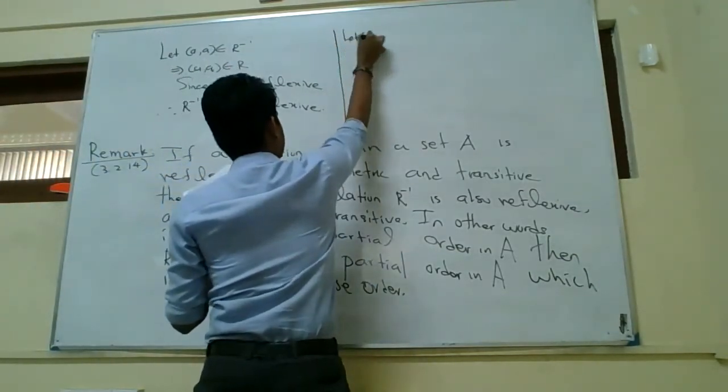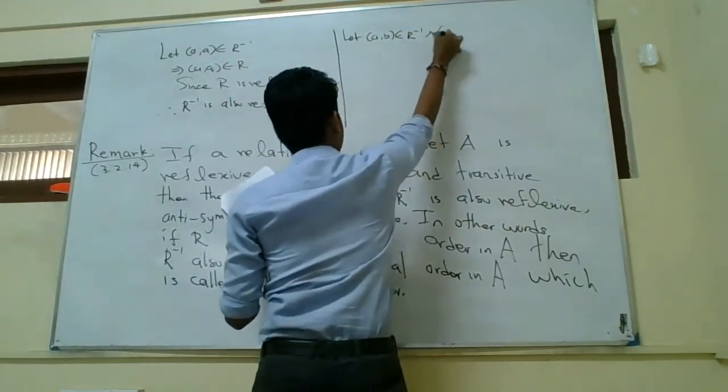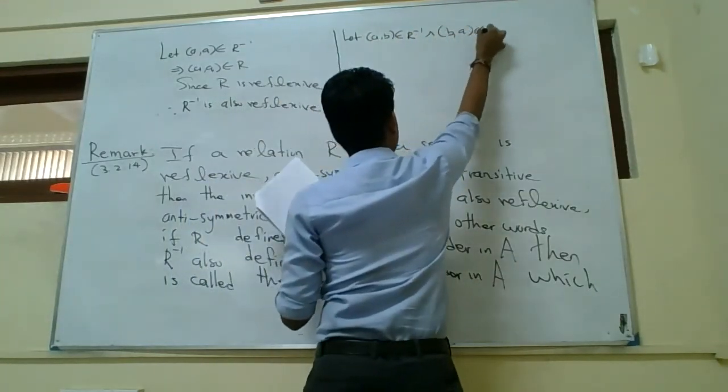For the antisymmetric case, let (a, b) belong to R inverse and (b, a) belong to R inverse.